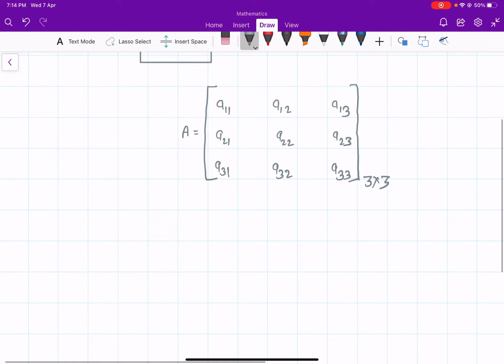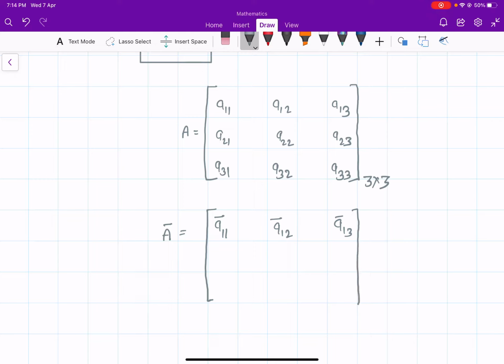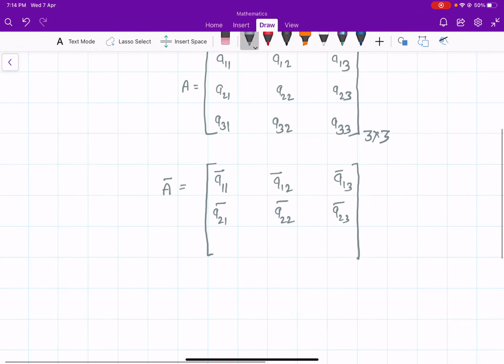Its conjugate matrix will be A bar, and the entries will be A11 bar, A12 bar, A13 bar. The next row will be A21 bar, A22 bar, A23 bar, and the third row will be A31 bar, A32 bar, A33 bar. So this is a matrix of order 3 cross 3.